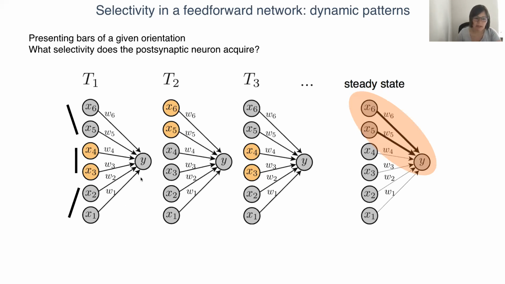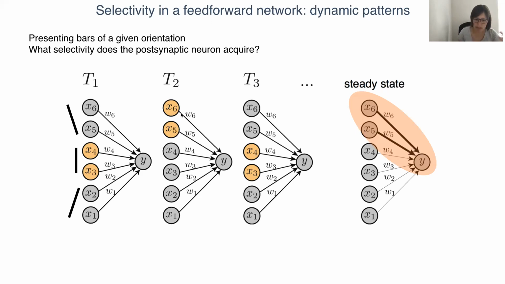But the idea is that the postsynaptic neuron, at least in the network, receives a stimulation that corresponds to only one orientation, but that stimulation changes at different time points. So at time t1, let's say the postsynaptic neuron receives the stimulation that corresponds to the vertical orientation. It's sort of like showing the animal a grating, or an oriented bar with the vertical orientation.